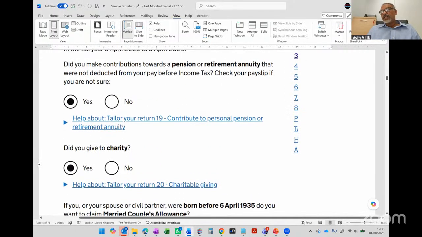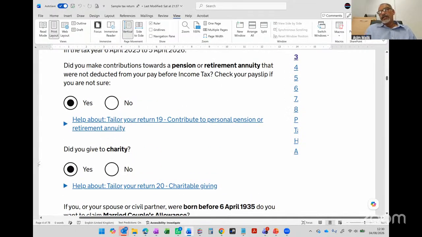अगर आपने पेंशन कंट्रीब्यूशन की है क्लाइंट ने, अगर उसने चैरिटी पेमेंट स्कीम है, then their basic rate band increase करेगा. Obviously you need to feed in that information.